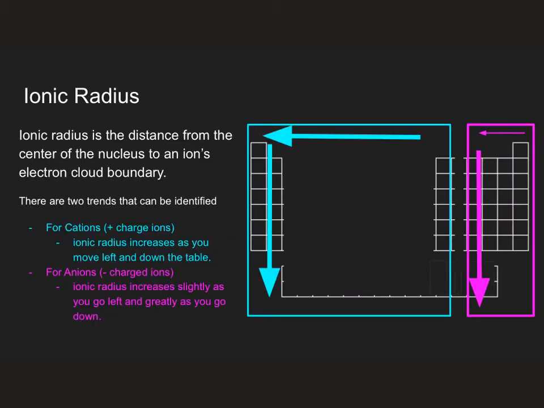Okay, so now it gets a little bit more difficult, but still about the same thing when we're talking about ionic radiuses. Now, it's a little bit more difficult because we're talking about cations and anions, and so there's a difference between the two halves of them ever so slightly. We're still talking when radius is about the distance from the center of the nucleus to around your cloud boundary.